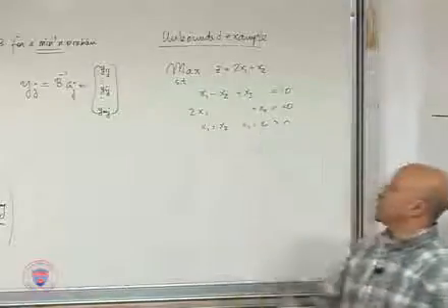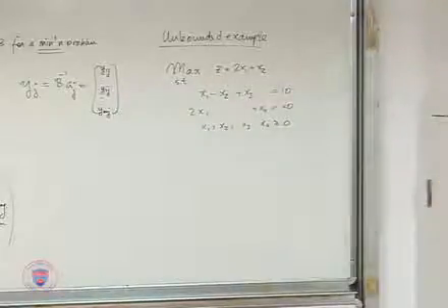Of course, you can always change a maximization problem into a minimization problem by multiplying the cost vector by -1. Okay?